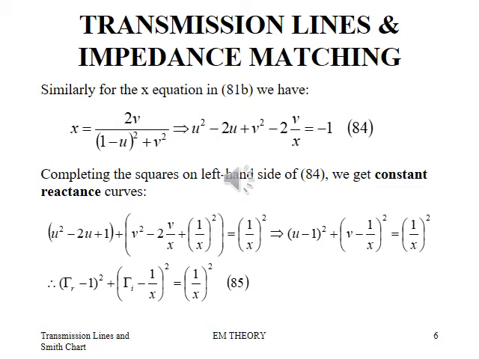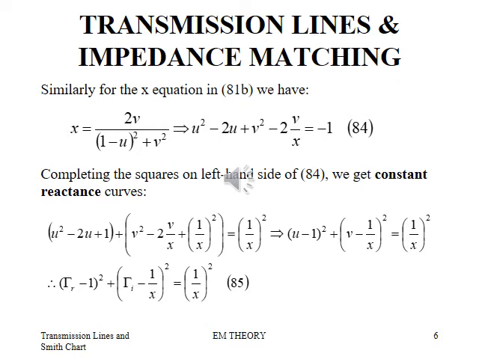Now, as before, we complete the squares on the left hand side of equation 84 so that we get constant reactance circles. Now, if you look at equation 84, to complete the squares, for u squared you bring the 1 to the left. So you have u squared minus 2u plus 1. Then we have v squared minus 2 times v over x.